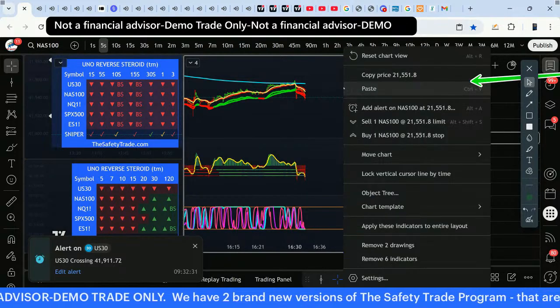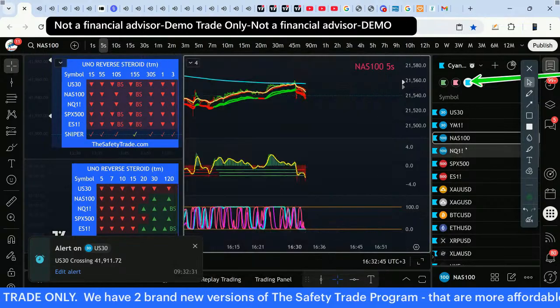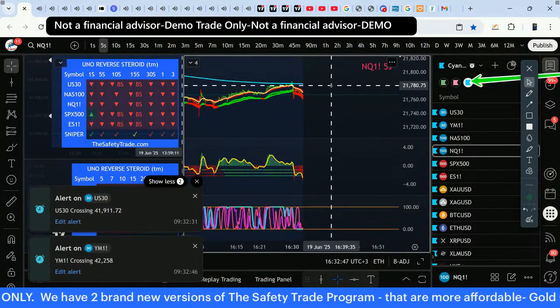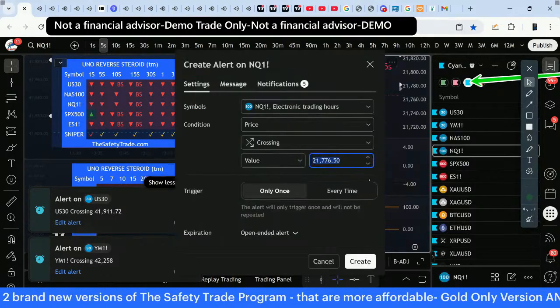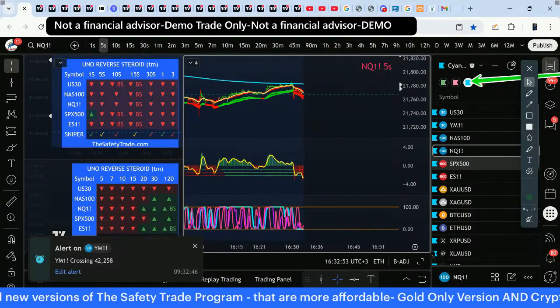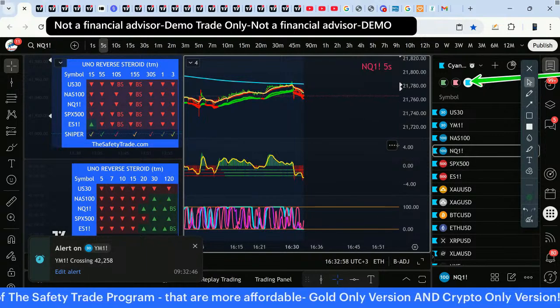Let it go down. If it keeps going down, knock yourselves out. When you see the BS in red, those are your buys. You can do a sell to the 20-minute blue line, or you can do these buys.